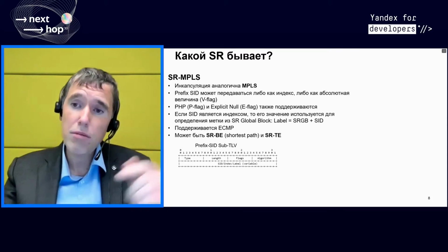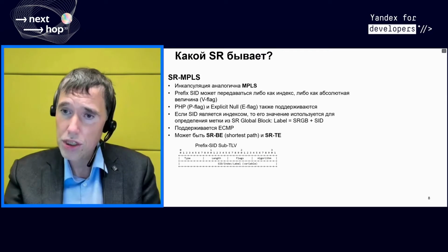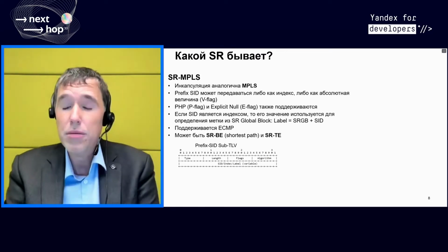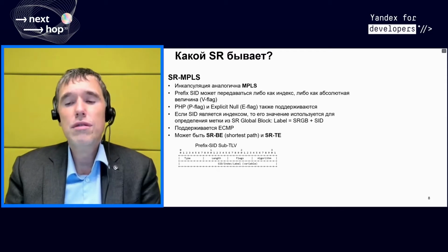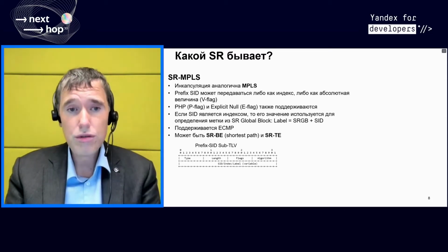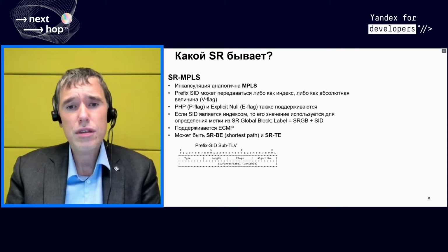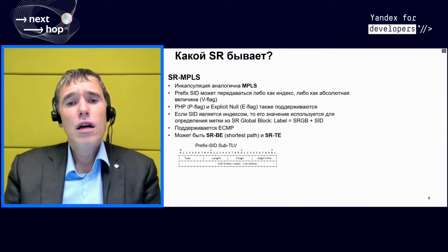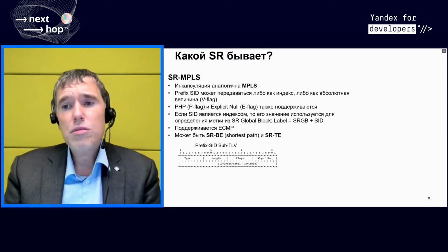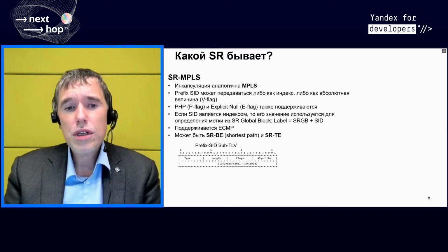This is where the SID is passed on as an index or an absolute value that depends on the vendor's implementation. It has the format of an MPLS label. It also supports all the features of classical MPLS, which are set out on this slide.